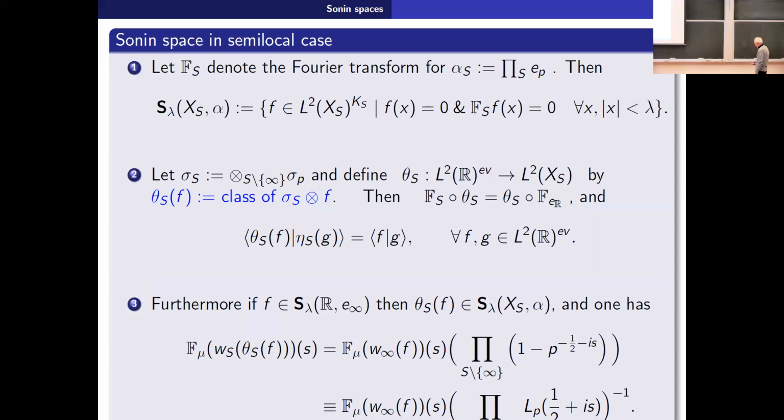Okay, so we have these formulas here, and you see that what is added when you add the primes is, in fact, this factor, which is quite nice. It's the inverse of the local factors of the p-adic places.